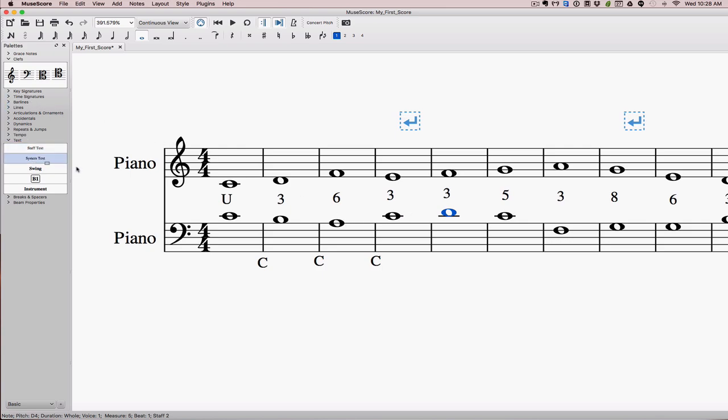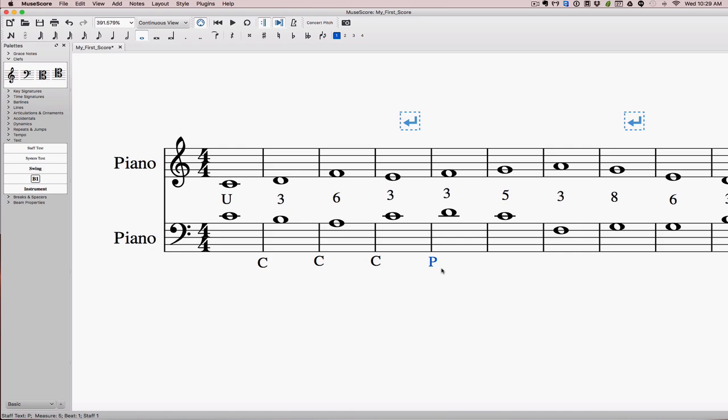We label that with a P, and one additional rule about that one is that it is allowed only between imperfect consonances and not between perfect consonances. So we can do a parallel motion with thirds, because that's an imperfect consonance. By imperfect, I mean just not perfect, right?